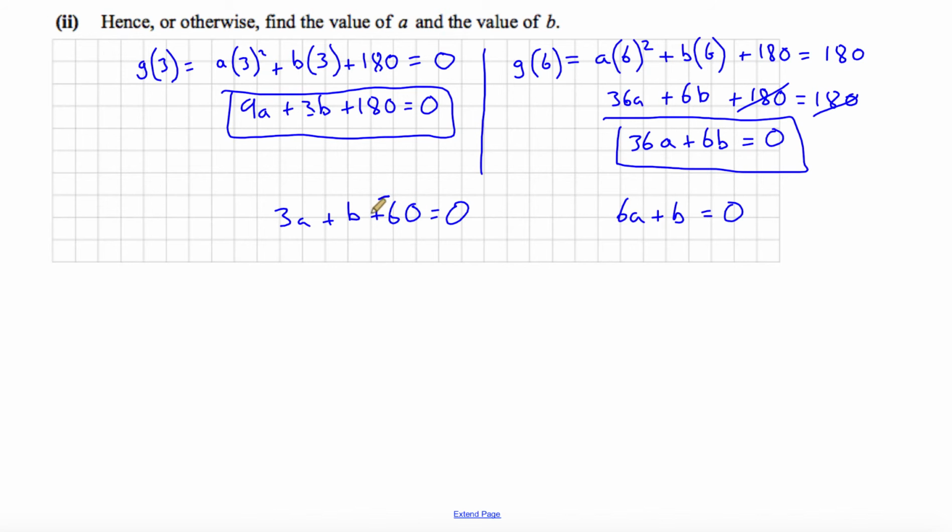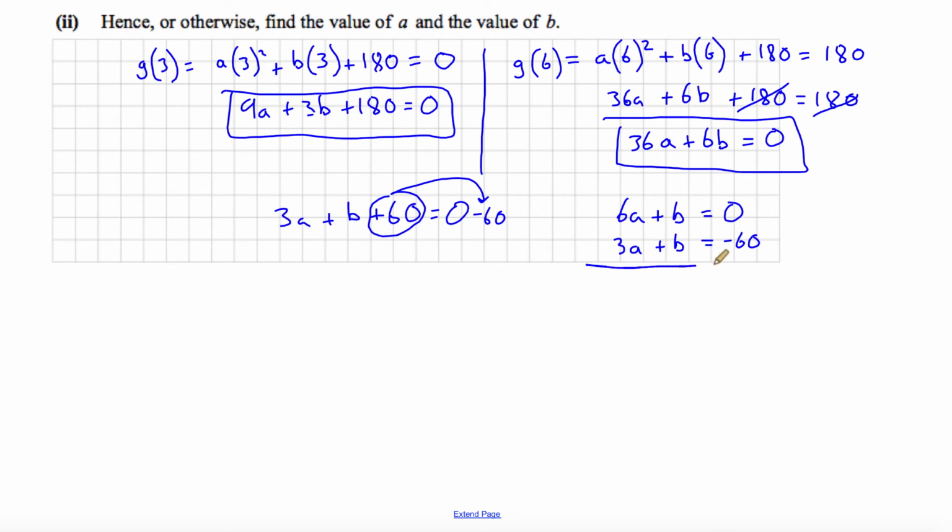Now I bring this 60 over to the other side, making it negative, so I've got 3a plus b equals negative 60. And now I can start to solve simultaneously.